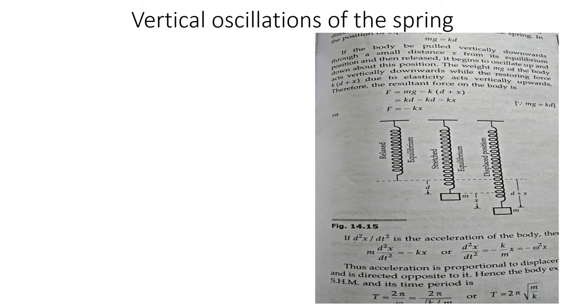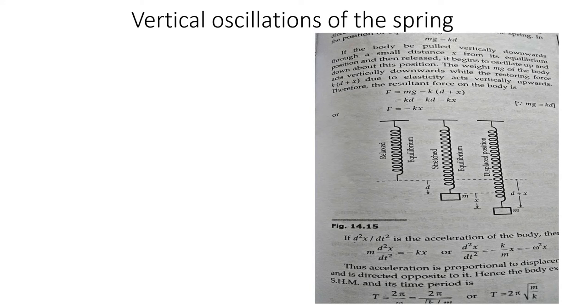The force acting upwards can be written as minus k into d plus x, because from the equilibrium position the net displacement is d plus x. So mg minus k into d plus x, and we know that mg is equal to kd. So the net force is minus kx, because kd and kd got cancelled. So again we can write m d square x by dt square equal to minus kx.